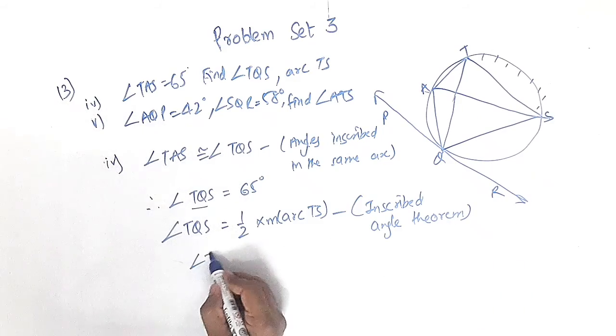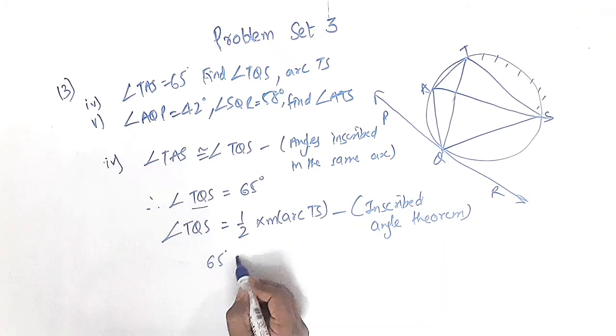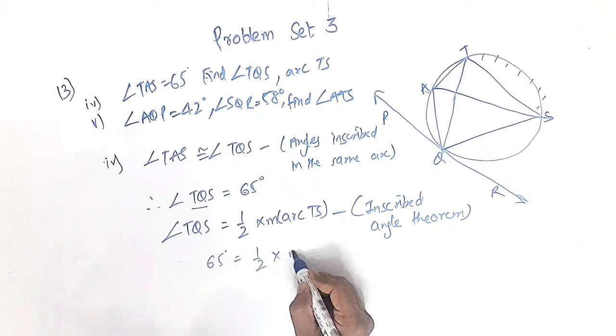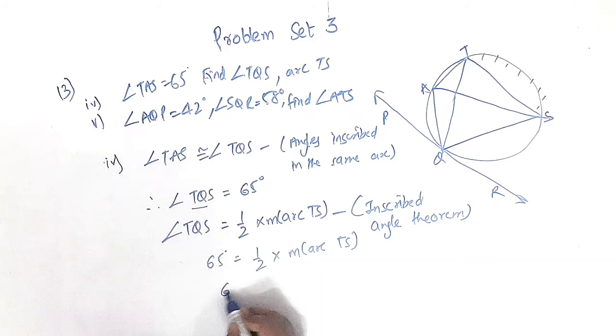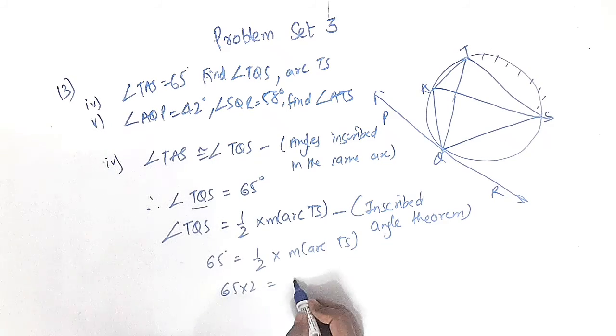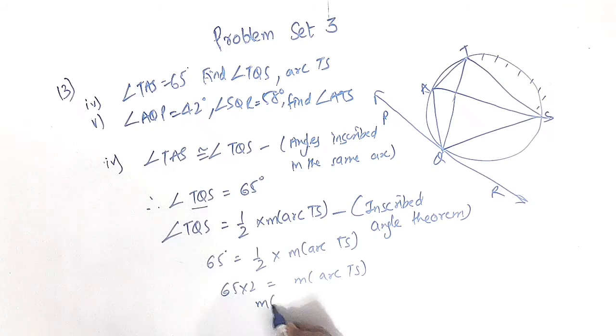So angle TQS, I'll write the measure, it is 65 equals half of measure arc TS. The 2 will move here, it will become 130 in the next step. So measure arc TS equals 130 degrees. Okay, TS we got 130 degrees.